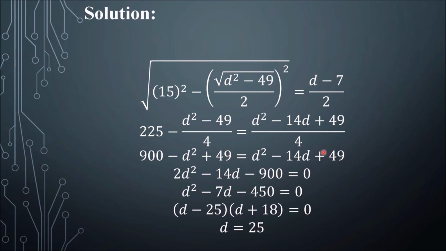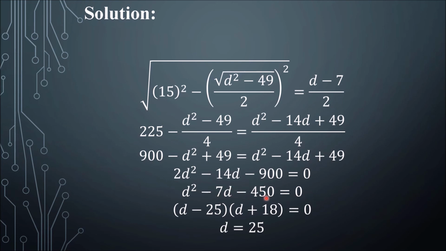So we cancel 49, and we transfer negative D squared to the other side. So it will become 2D squared minus 14D minus 900 equals 0. This is a quadratic equation. Simplifying that, we have D squared minus 7D minus 450 equals 0.